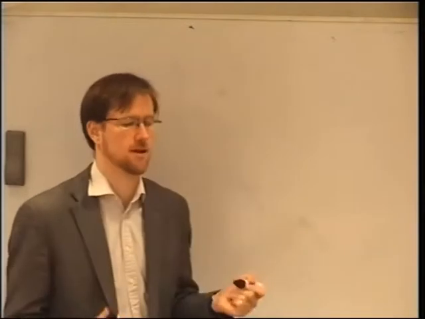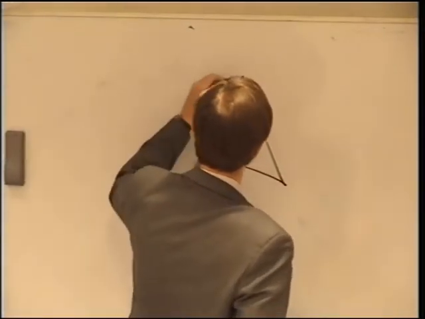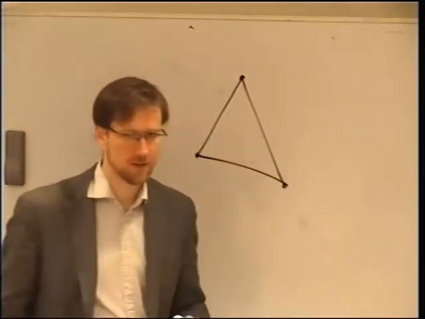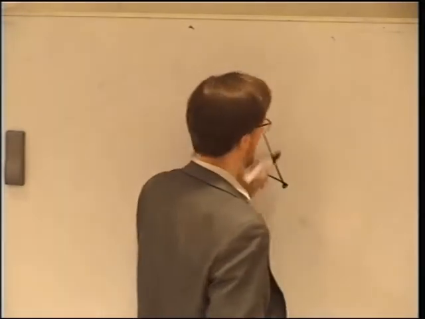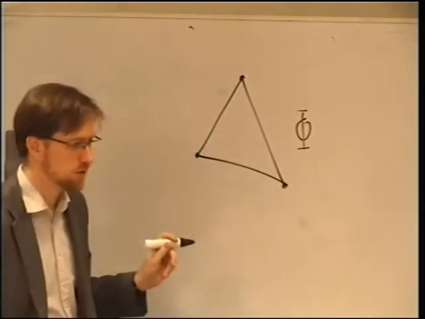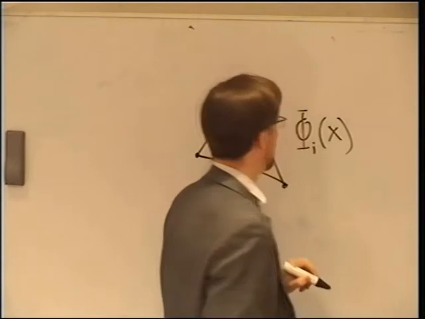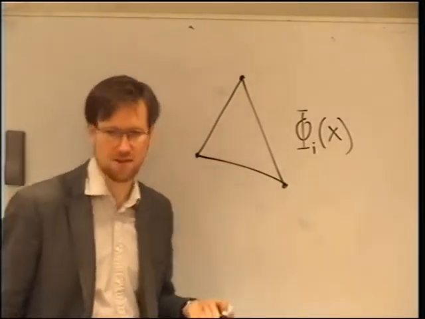So, if we remember then, the easy way of getting a vector value function space was we said, okay, we've got a scalar value function space, and we can just for the moment talk about local basis functions. So that's phi I of x, and it's helpful to keep P1 in mind because it's the easiest one to think about.